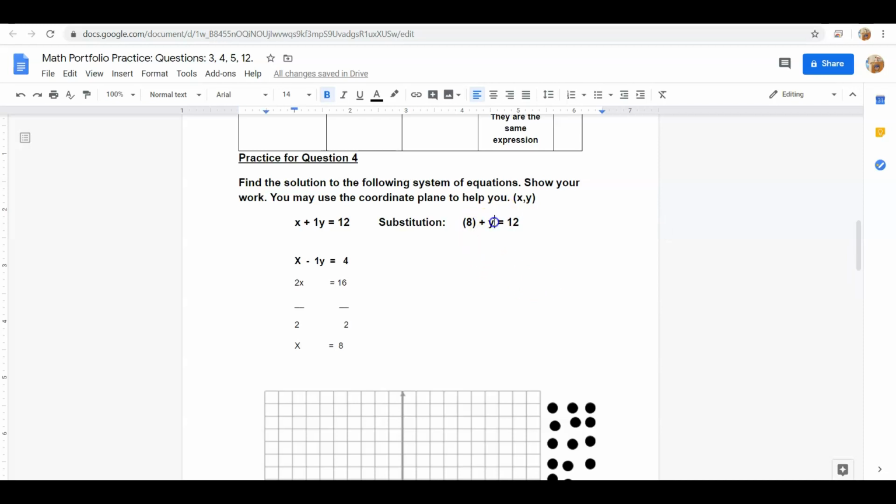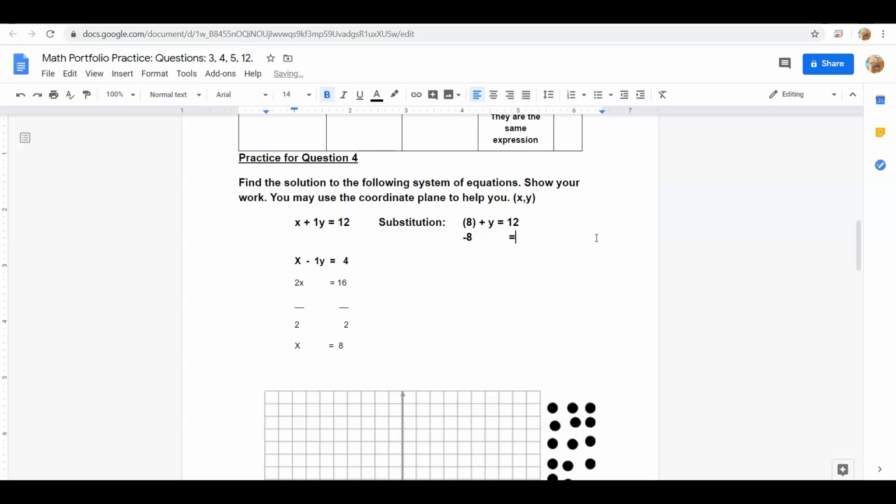I need to have y alone on one side, just like x is here. So we take our 8 and we need to eliminate it from this side. So the way that we eliminate a positive 8 is to minus 8. And we do that on each side of the equal sign.